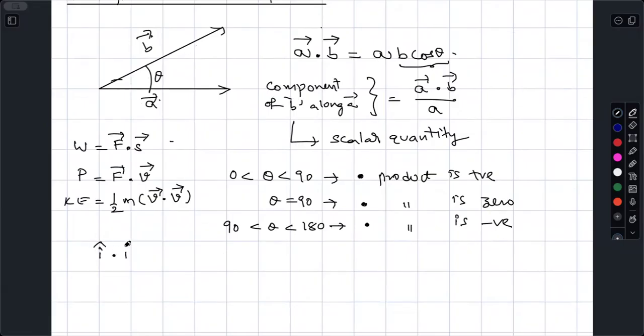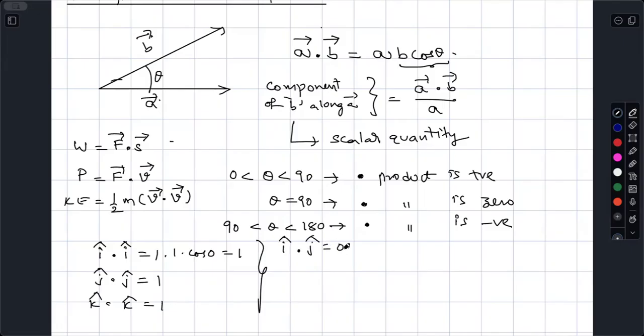Remember our fundamental dot products. I cap dot I cap, wherever you see, you write it as 1. Why? I cap dot I cap is 1 into cos 0, so 1. Similarly, j cap dot j cap is 1. K cap dot k cap is 1. On the other hand, I cap dot j cap is 0, because cos 90 is 0.